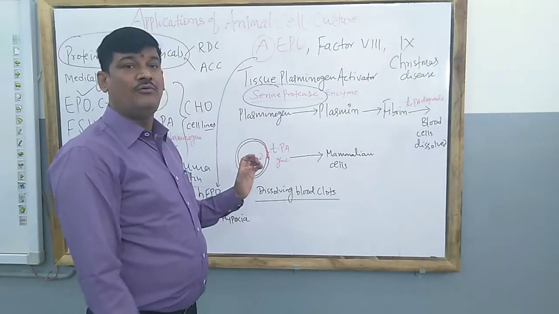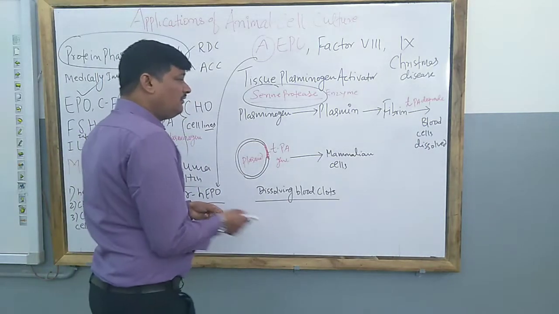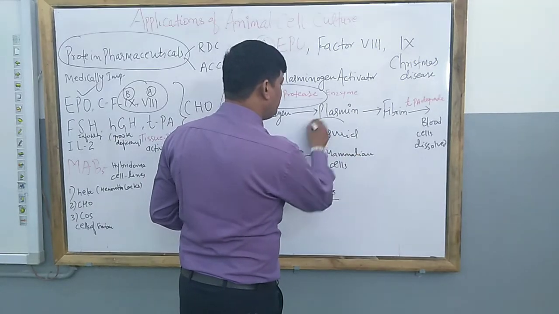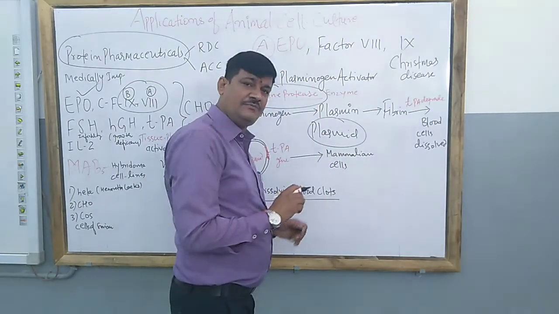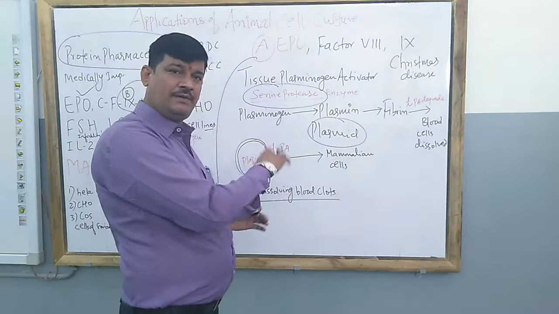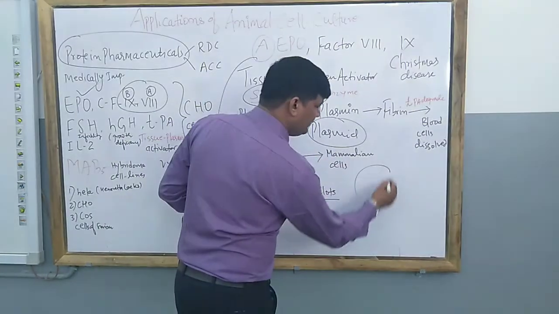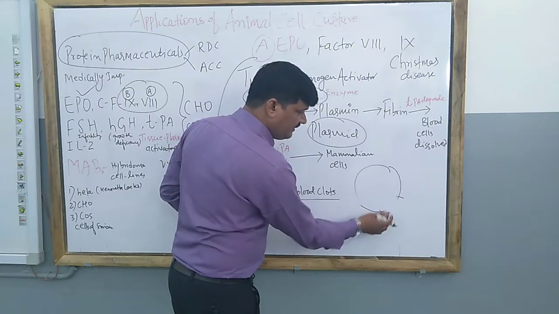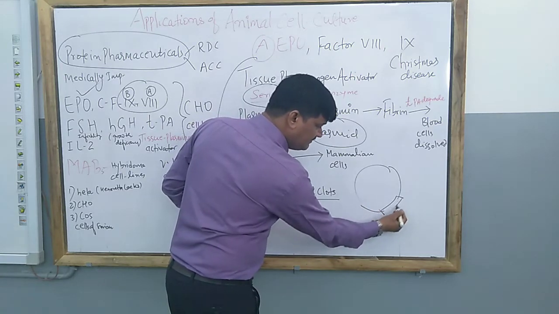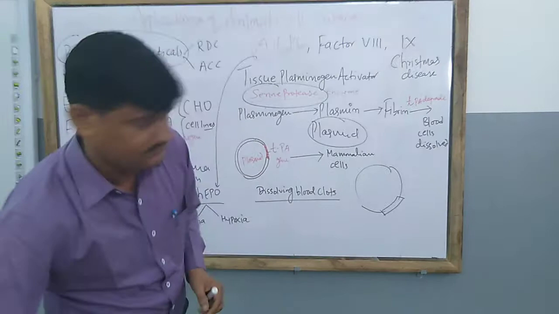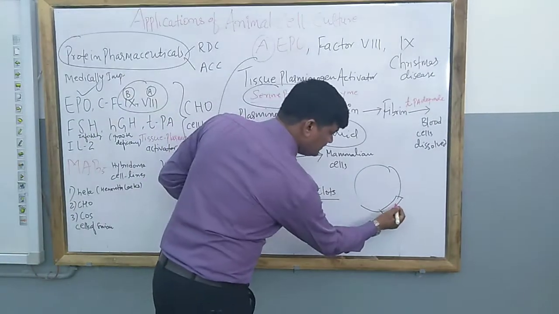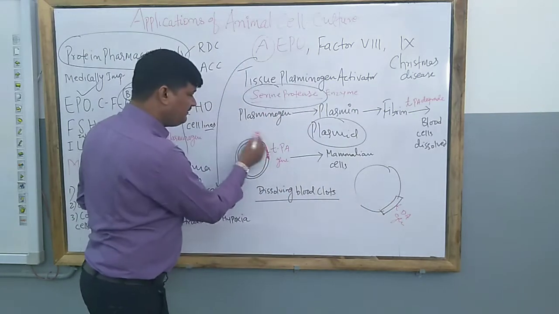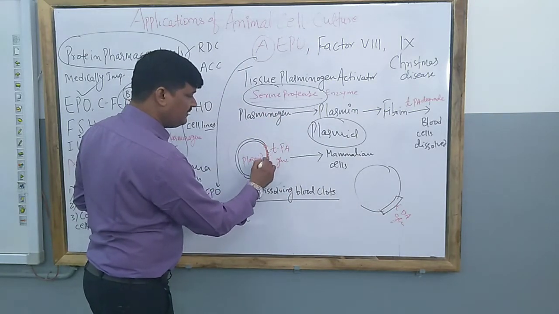Now how is it produced nowadays? By applying recombinant DNA technology. First of all, we take the plasmid. A plasmid of interest has been taken out. The same process we apply here: cutting the plasmid at the desired place, and then pasting the TPA gene here, or inserting it here.